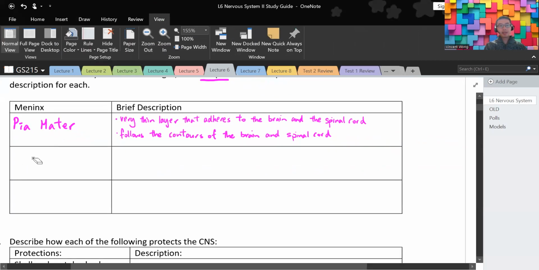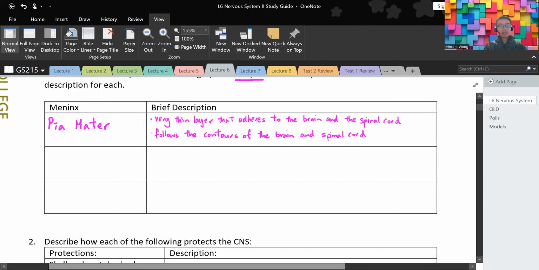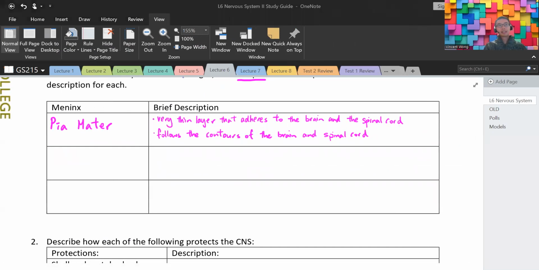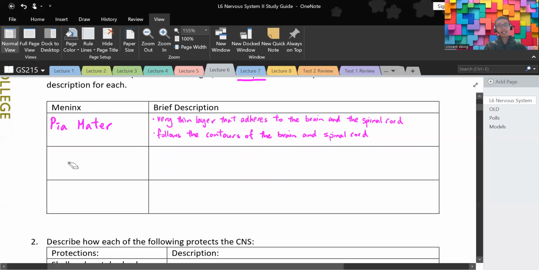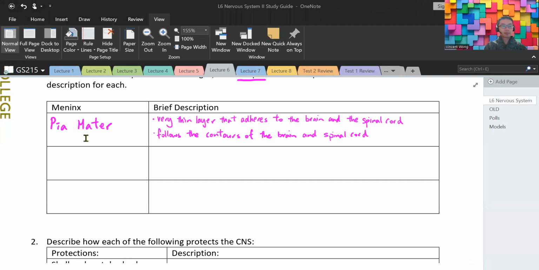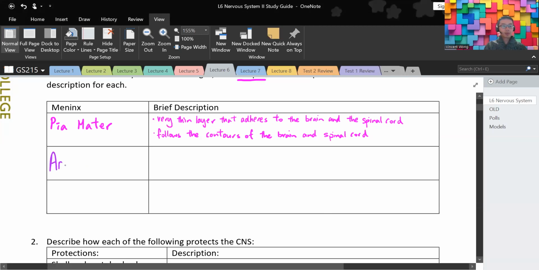Outside of the pia mater, does anybody remember what the middle layer is called? It resembles spider webs. What is the name of the second layer? Oh, someone put it in the chat box. Yep, that's correct, Tina. That is the arachnoid mater. Arachnoid means spider, right?